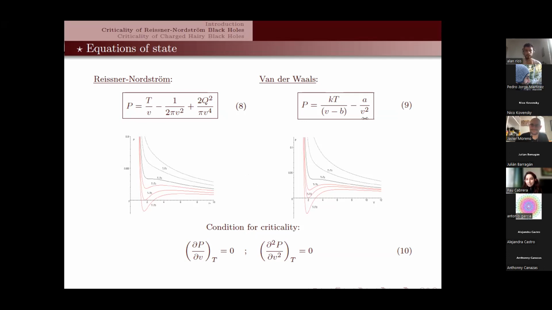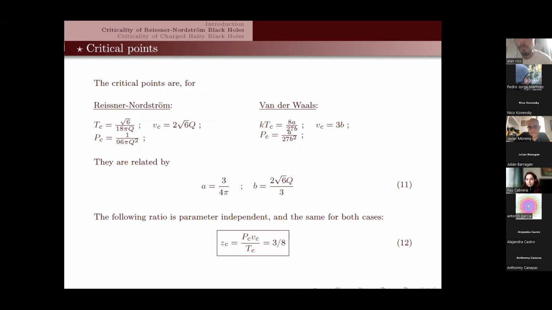Applying this condition to this equation, the critical point can be easily obtained for Reissner-Nördstrom and van der Waals, and setting the van der Waals parameters of the theory, A and B, like this.